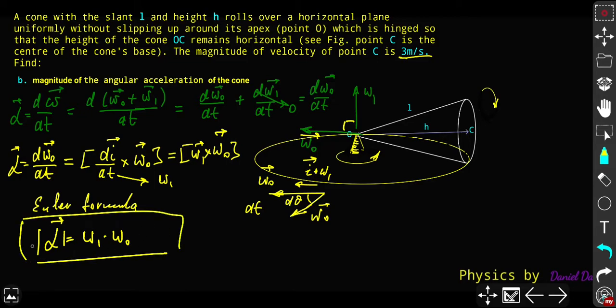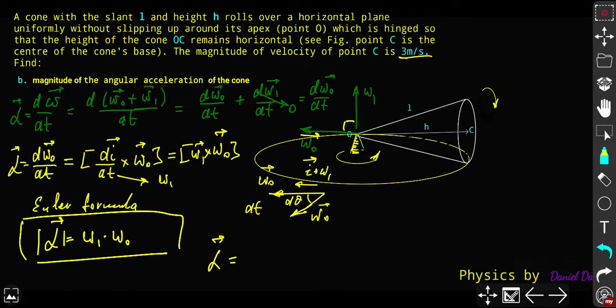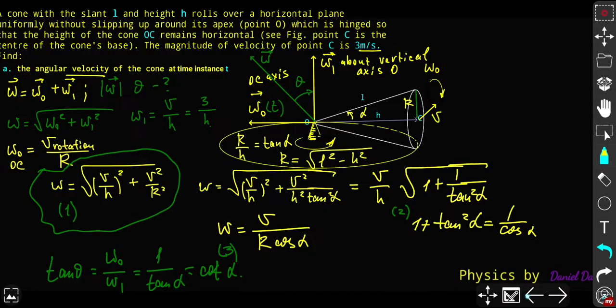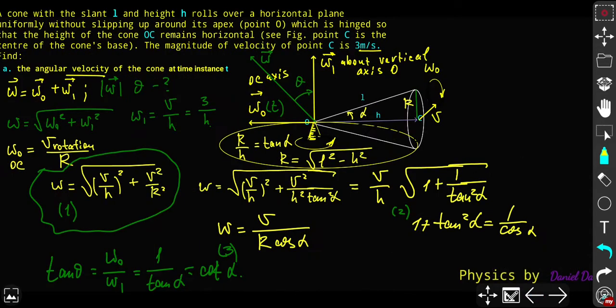If you like, you can express alpha by plugging in the parameters: omega 0 is v over r, and for omega 1 we plug in v over h. So we've got v over h times v over r. And if you want to express r and h through the angle alpha, that could also take place.